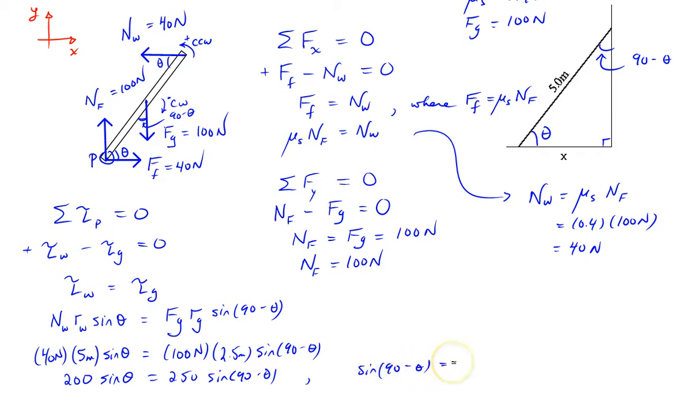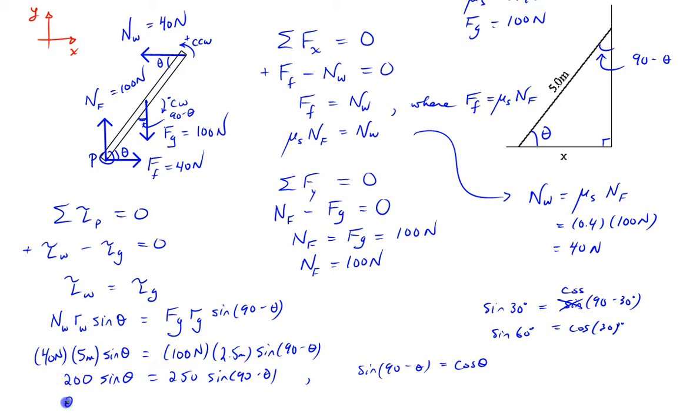If you do the sine of 30 degrees, is it also the same as the sine of 90 minus 30 degrees? No, that's not right. It's actually the same as the cosine of 90 minus 30. So the sine of 60 degrees is really the same as the cosine of 30 degrees. So essentially, the sine of 90 minus theta is the same as cosine theta.